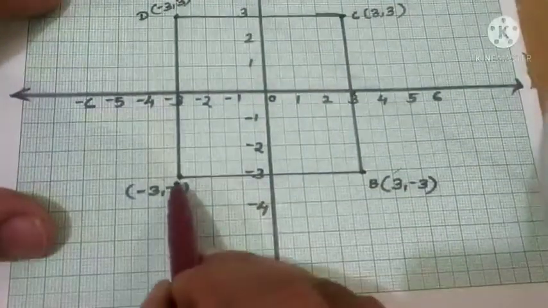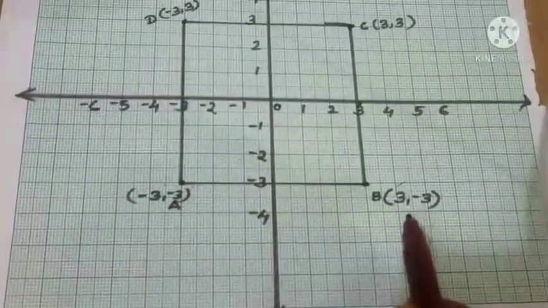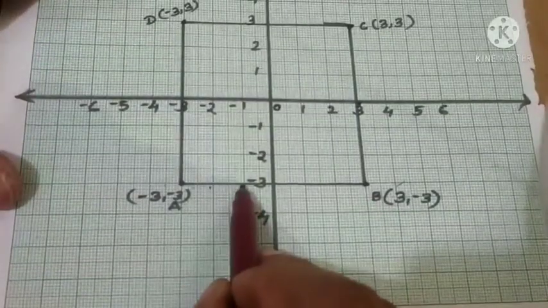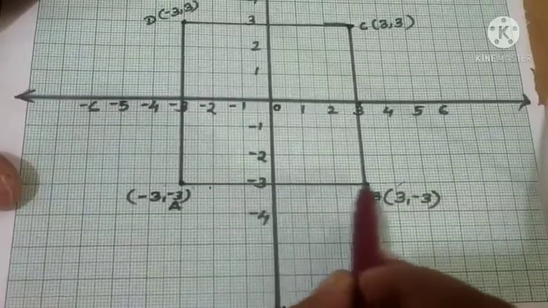AB means here A will start and B is here only. So the length of the line segment AB is 1, 2, 3, 4, 5, 6.